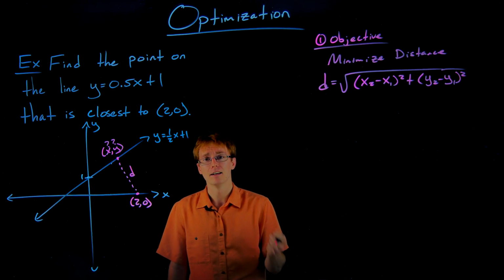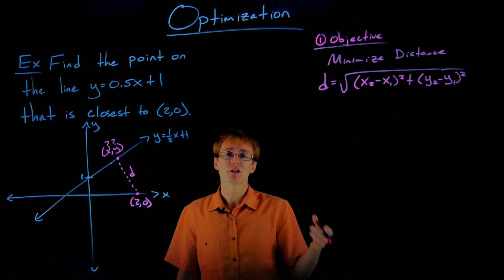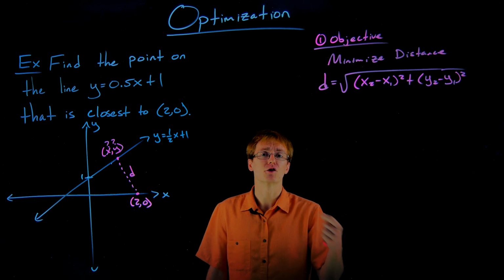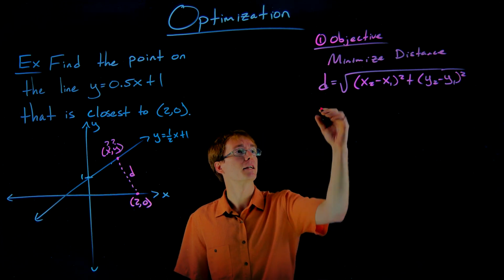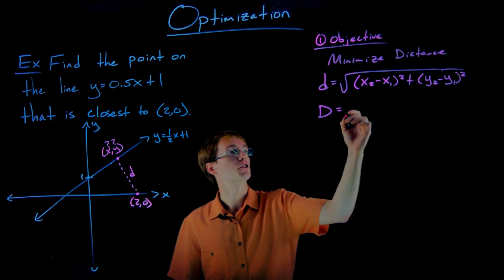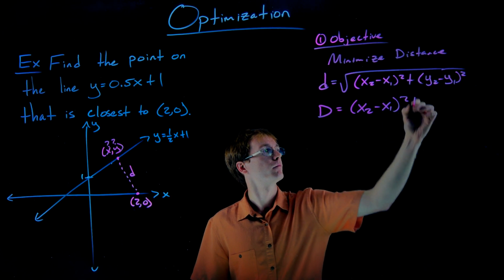An important fact that we're going to use here to make this problem a bit easier: if you want to minimize or maximize a distance, it's equivalent to minimizing or maximizing the square of the distance. So here we can actually minimize or maximize what I'm going to call capital D, which is really just the square of our distance.